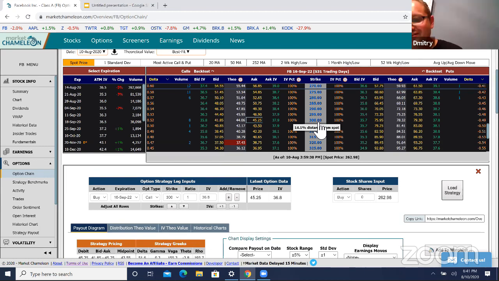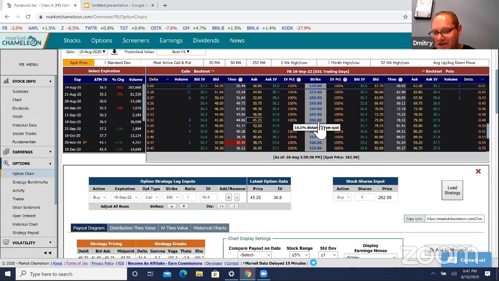Very good. Just like in the real estate example, I had the right to buy the house for 225, but I paid $5,000. So my break even is really above 230, because I already paid $5,000 to him. That goes into his pocket, and that comes out of my bank account.